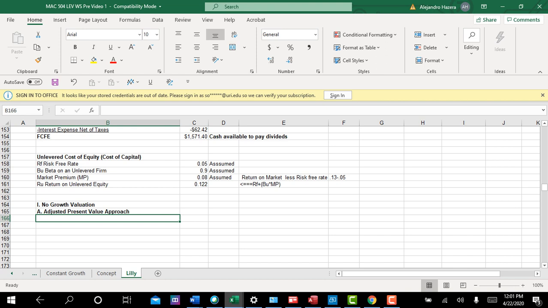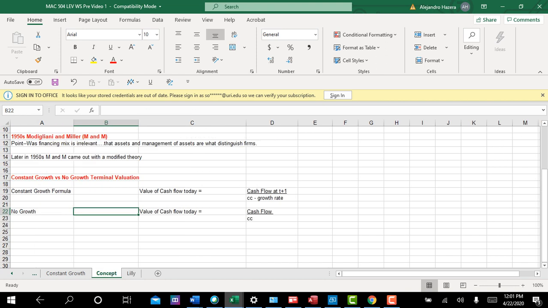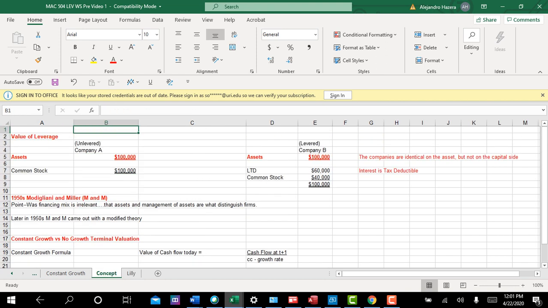Keep in mind the concept here. Once again, I'm going to go back to the philosophy of these valuations. The major concept is that the value of firms is determined by their assets and the management of those assets. The second concept modifies this to recognize that interest is tax deductible.